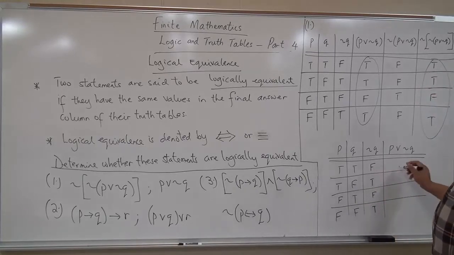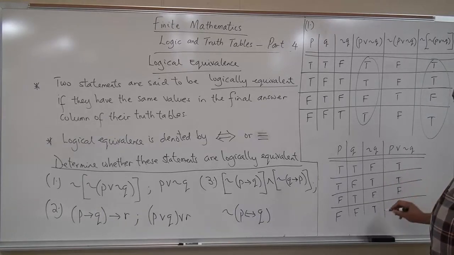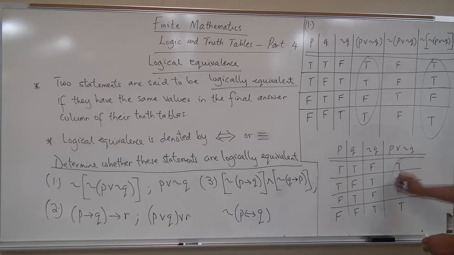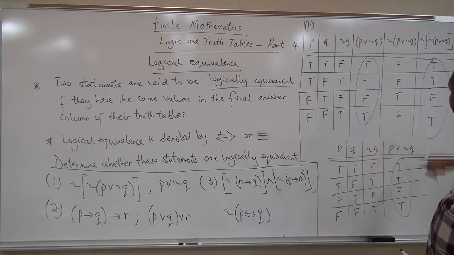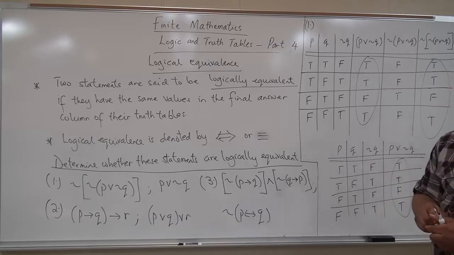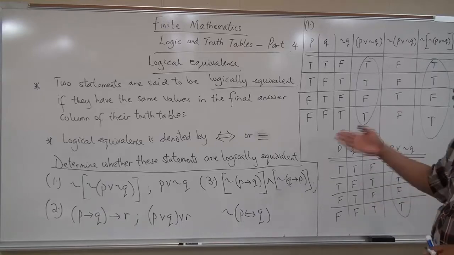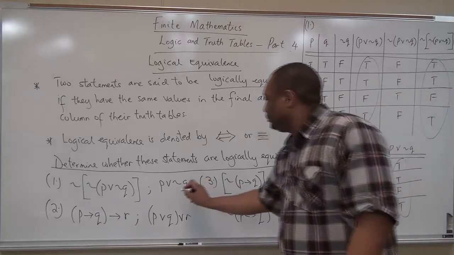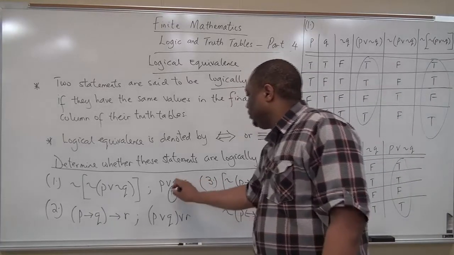And T or F is T, T or T is T, F or F is F, F or T is T. T, T, F, T. See that? Because they have the same values in the final column, they are logically equivalent. Yes.